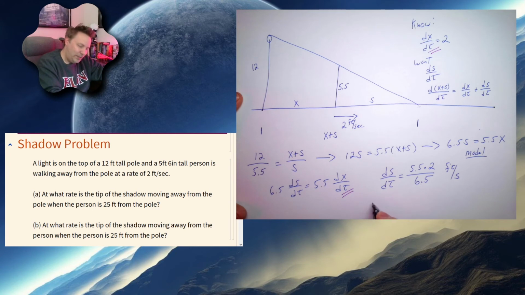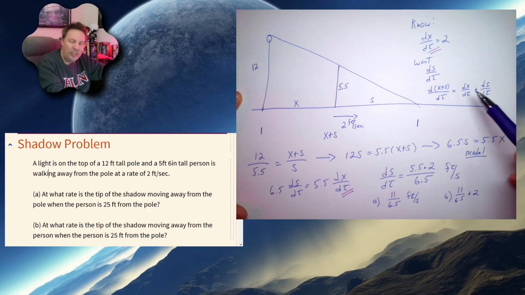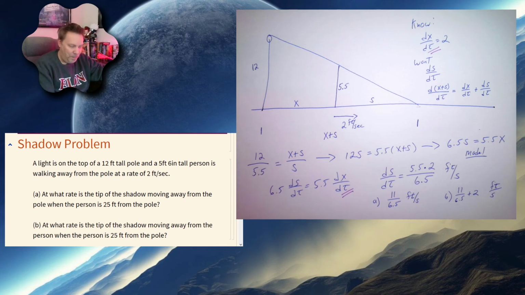So part A, my answer is 11 over 6.5 feet per second. Part B, well, is 11 over 6.5 plus 2, because that was my extra dx/dt there, feet per second.